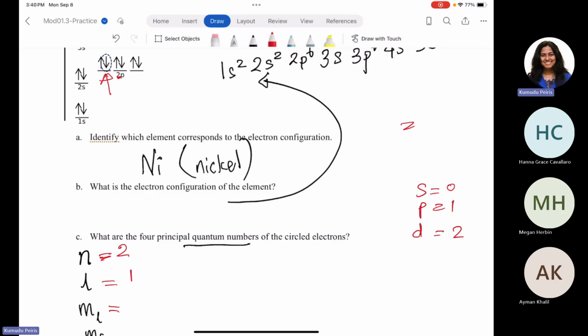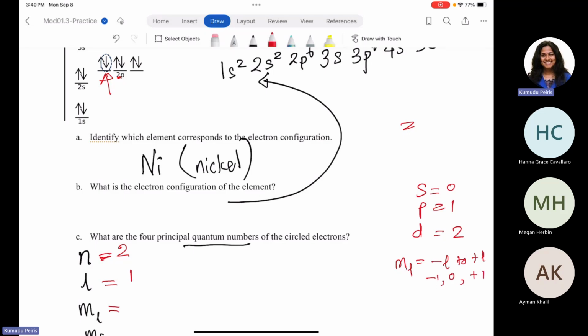And ml actually we can have different values. It goes from negative L to positive L. The p orbital has three orbitals, so px, py, and pz. That means -1, 0, and +1.